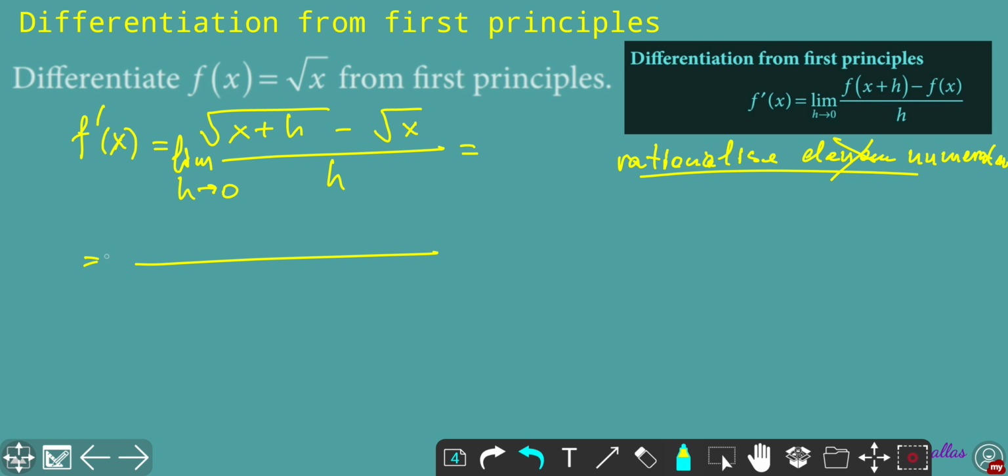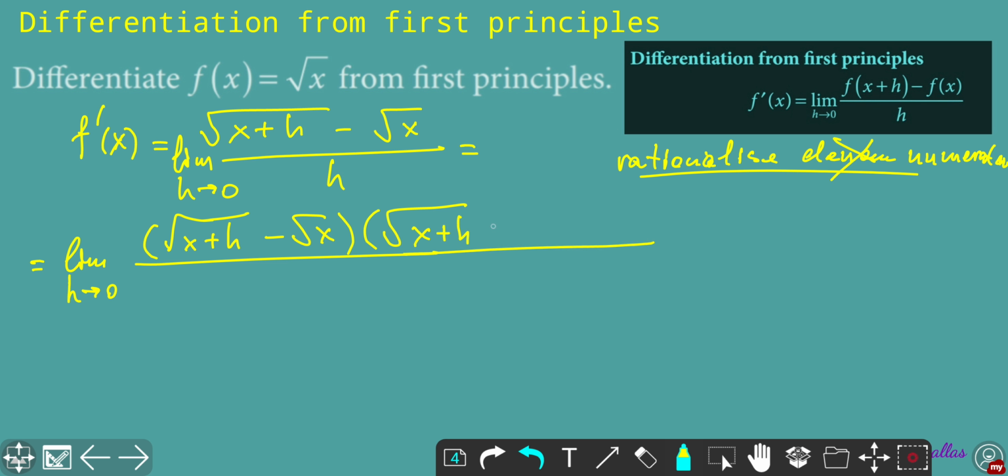So what does it mean? You're still taking the limit, h is very close to 0, and now you multiply by square root of x plus h minus square root of x by the conjugate, the same structure but the opposite sign.